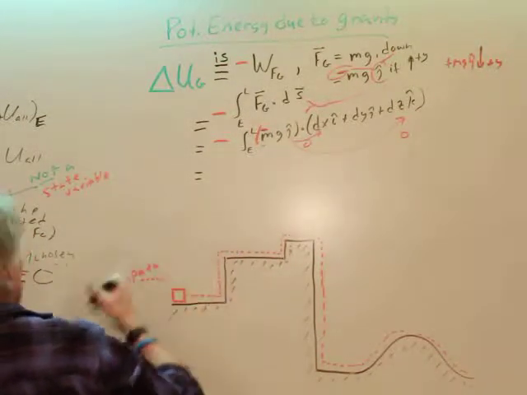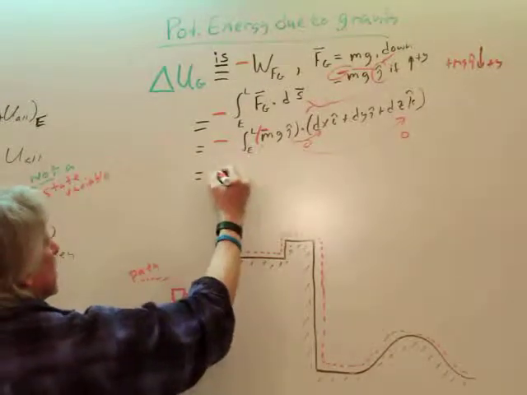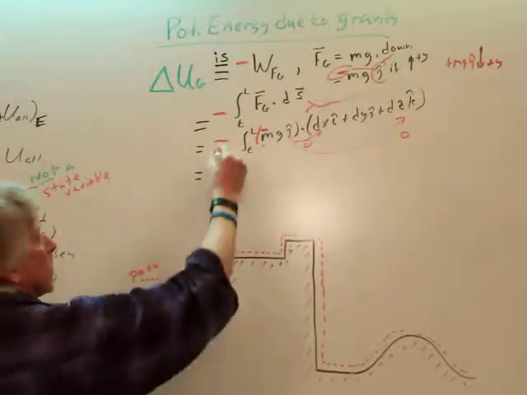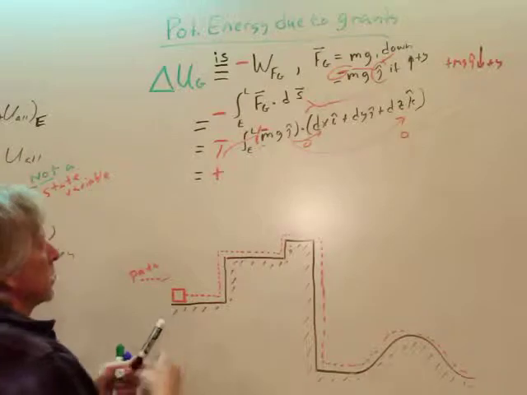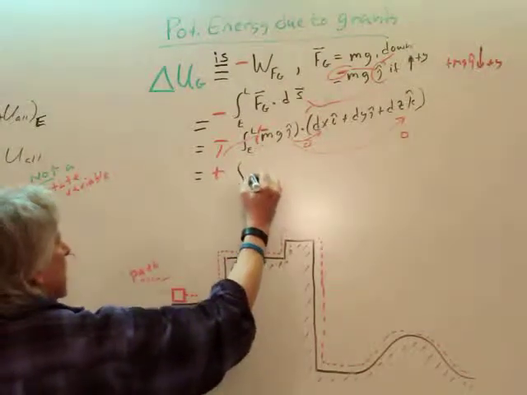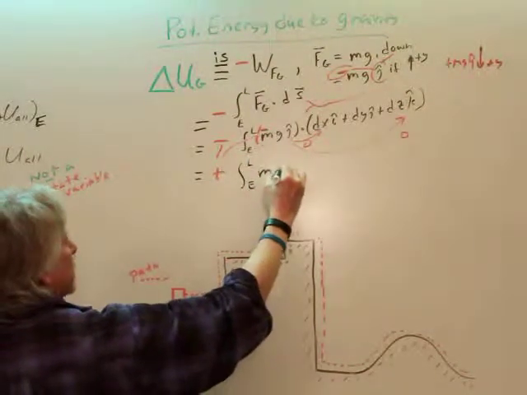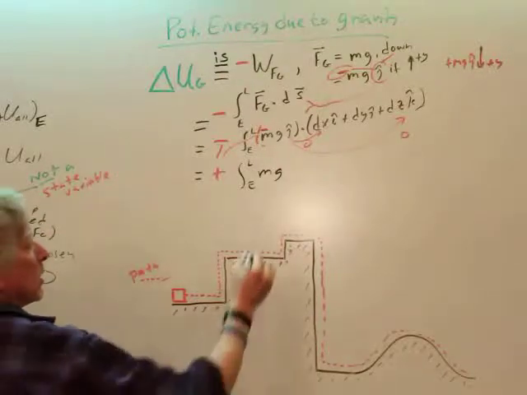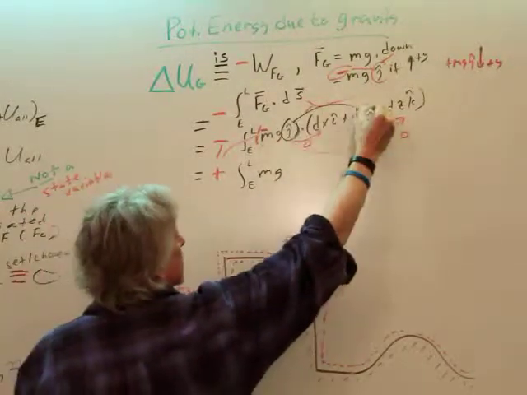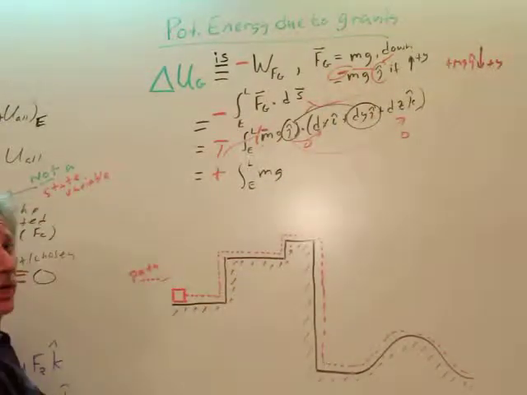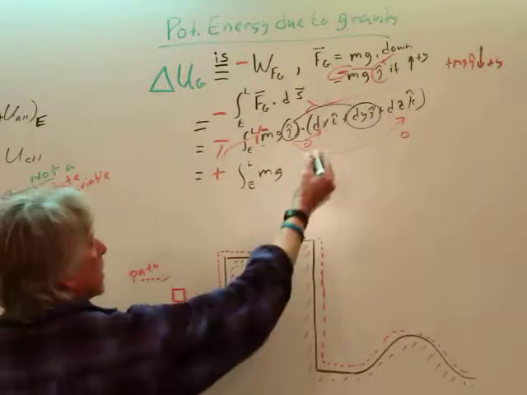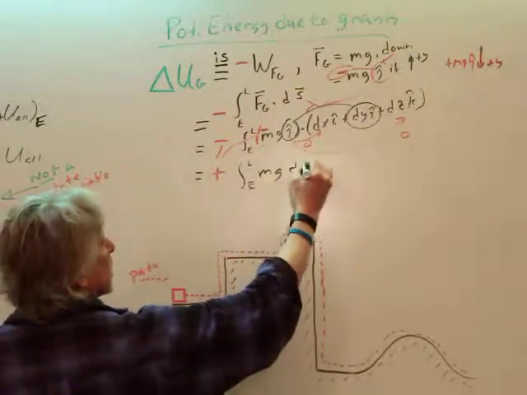What have I got here? Let's put this in as a positive. This is the integral from earlier to later of mg, j hat dotted with dy j hat. J hat dot j hat is 1, so dy.